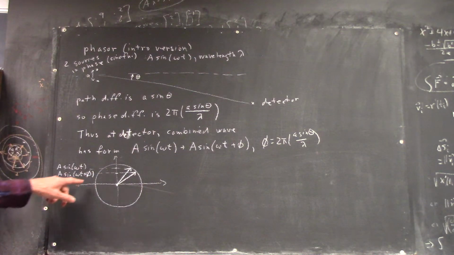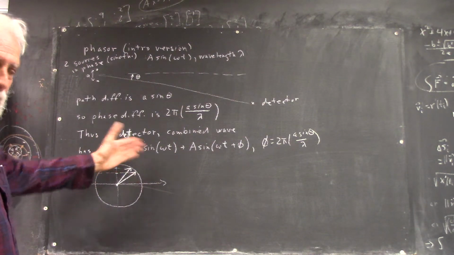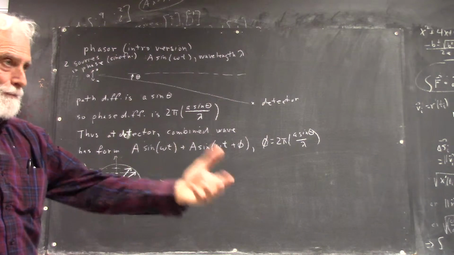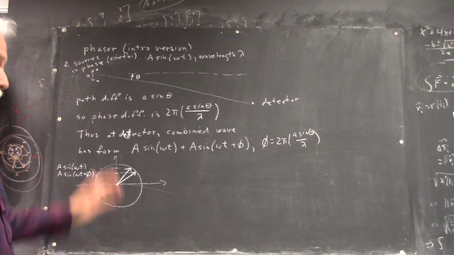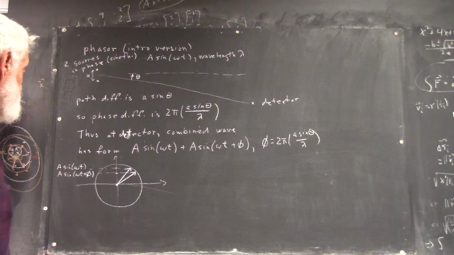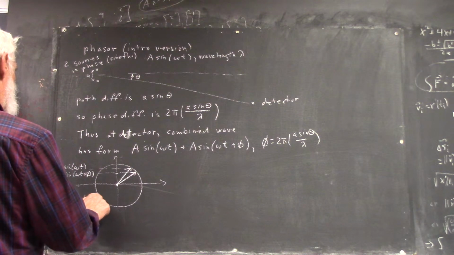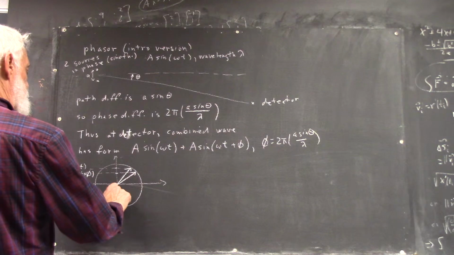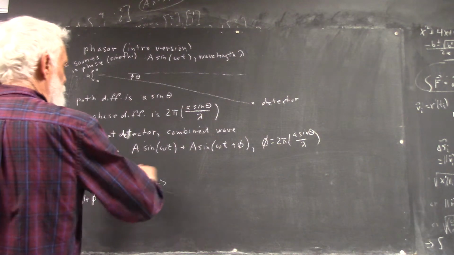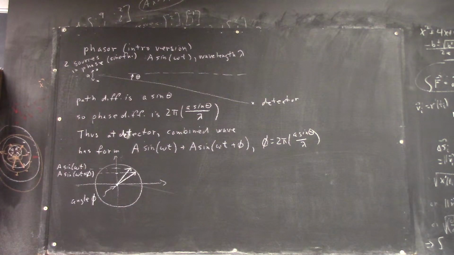Of course, we know that adding phi shifts everything in the negative direction. So it's just our angle in the negative direction. So in here is our angle phi.